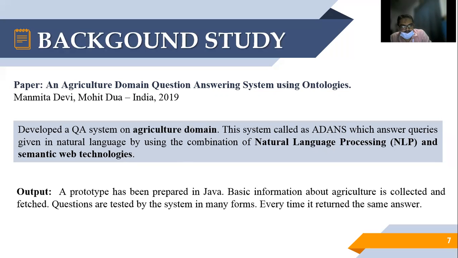They have developed a prototype in Java, and the basic information about agriculture is collected and fetched. The questions are tested by the system in many forms. However, every time it returns the same answer.